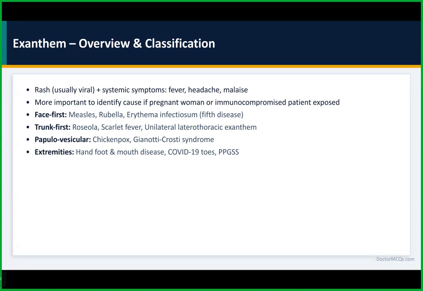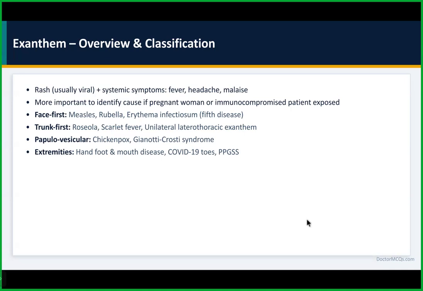If there is a rash coming firstly on the face, this is definitely measles, rubella, or erythema infectiosum, which is fifth disease as we all studied. If it's coming on the trunk first, then it's roseola infantum or scarlet fever; this is a unilateral laterothoracic example.